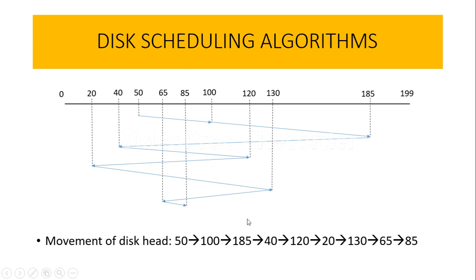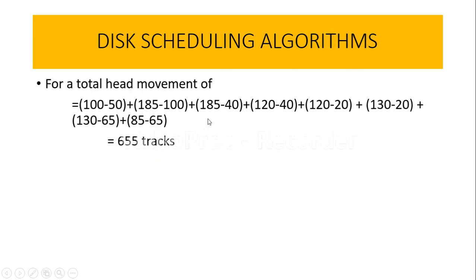Now, after seeing visually how the movement of the read write head happens to process the various input output operations for the respective tracks, let us see what the total head movement is. Initially the read write head was at track number 50 and then it moved to 100, so I am writing 100 minus 50.